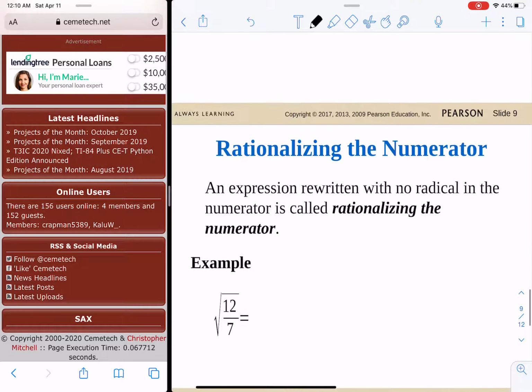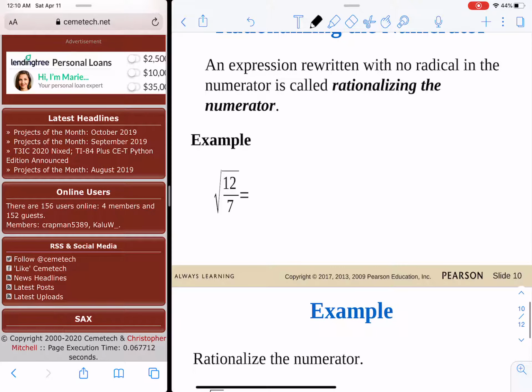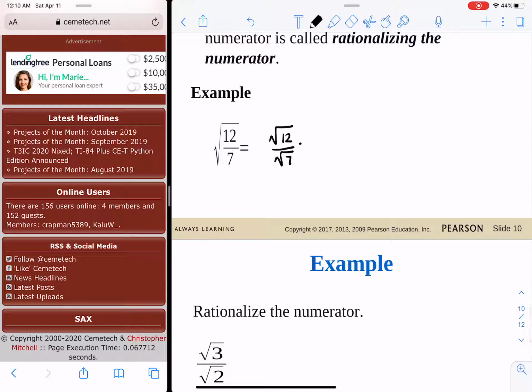So we have to multiply and divide by whatever we see in terms of the root in the numerator. So here I see square root of 12 in the numerator, and my goal is to get rid of the root. So I'm going to multiply and divide by square root of 12, which here is the numerator.